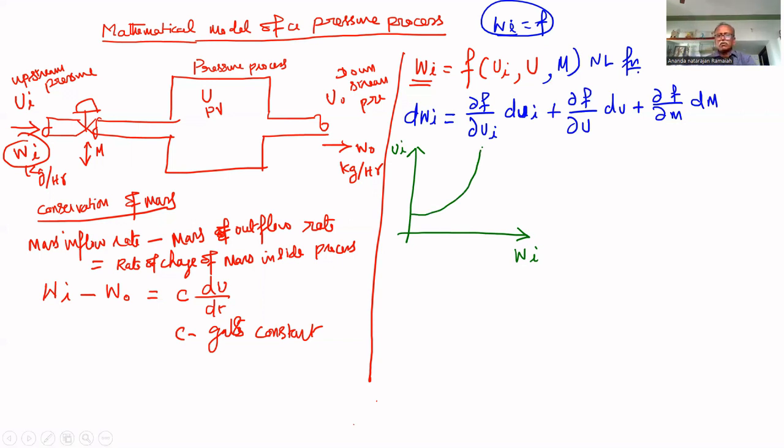So we have to find a linear relation between upstream pressure and Wi. For that, we have to consider the nominal operating point. At nominal operating point, Ui nominal, the inflow rate is Wi nominal. At this point, if you draw a tangent to this graph, this gives a linear relation.